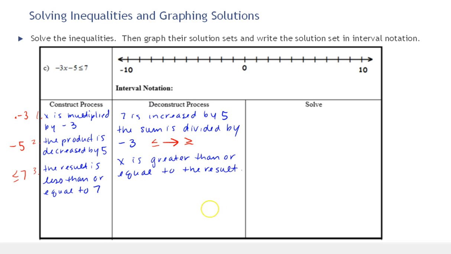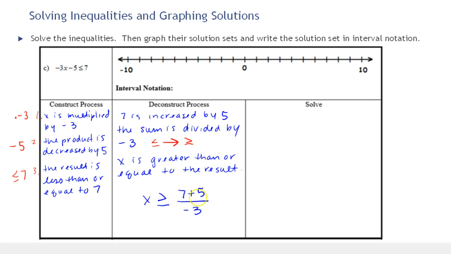Okay, now let's write this out down here. So I'm going to write it on the right so I could save room for the x and the symbol. 7 is increased by 5. The sum is divided by -3, so I take the whole sum, divide by -3, and x is greater than or equal to the result.